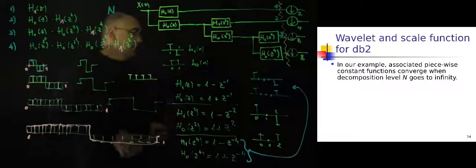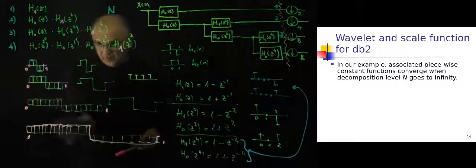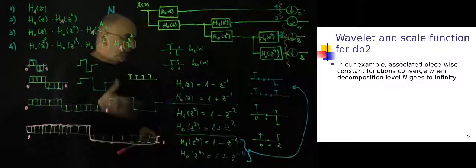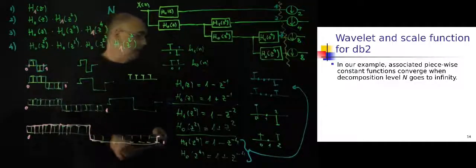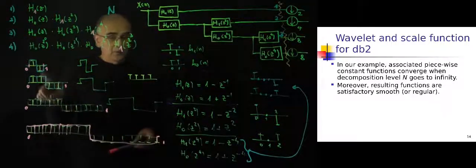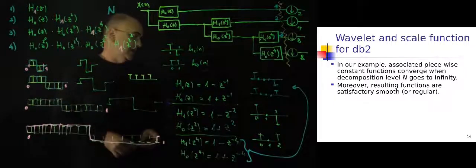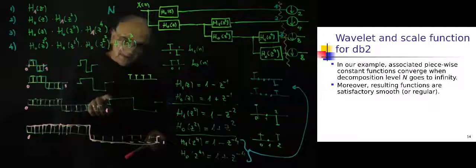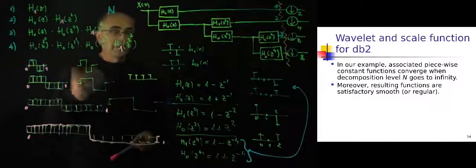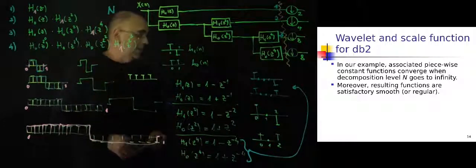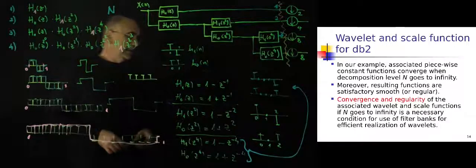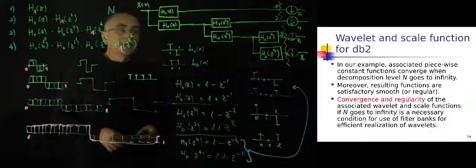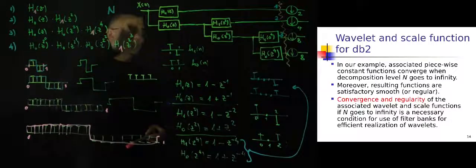The associated piecewise constant functions converge when the decomposition level goes to infinity, or even sooner in some special cases. If the resulting functions are sufficiently smooth, we can say regular, in that case it is going to be pretty useful for many applications.